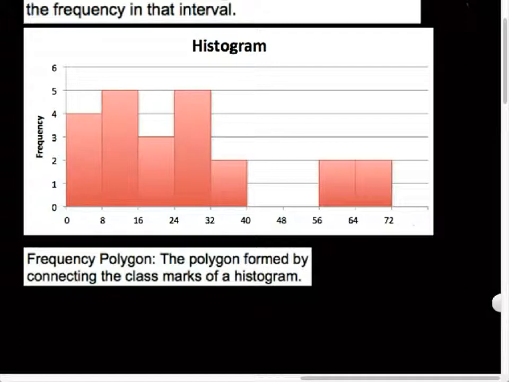So, what are the class marks again? Does anyone know? The midpoint. So between 0 and 8, the midpoint would be the 4. Between 8 and 16, the midpoint would be 12. 16 and 24 would be 20, right? So I could just take kind of all these midpoints if I wanted.